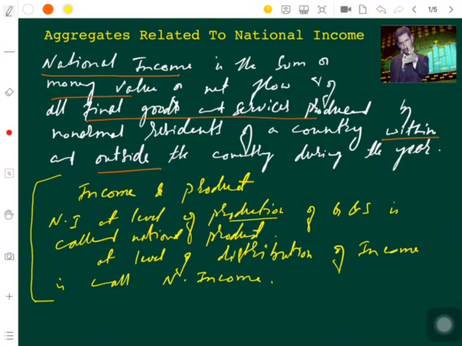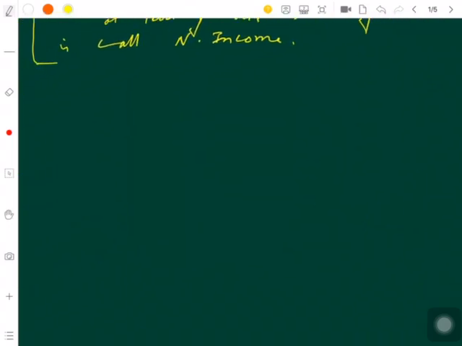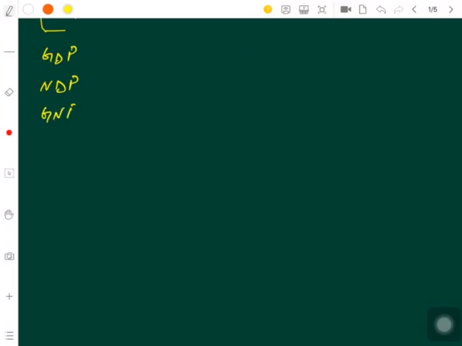So national income and related aggregates, we are doing the aggregates related to national income today. As I said earlier, in totality we have got 8 aggregates. I'll enlist them one by one: GDP, NDP, GNP, and NNP.